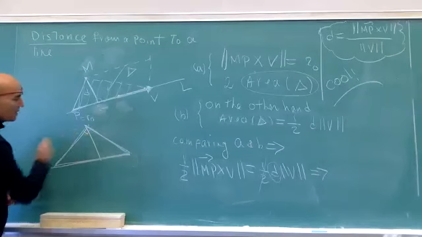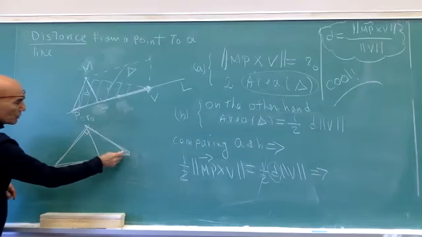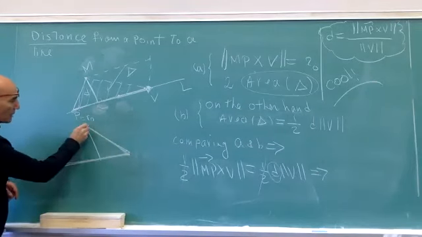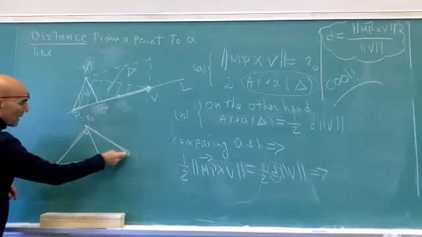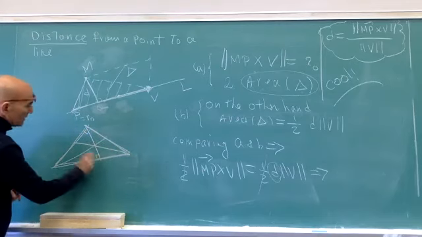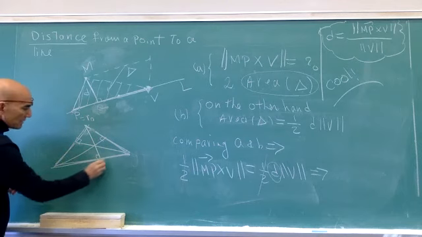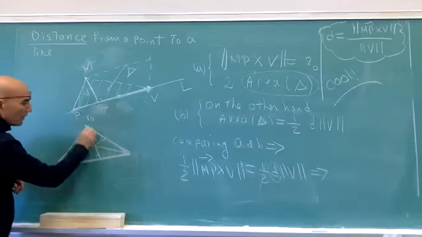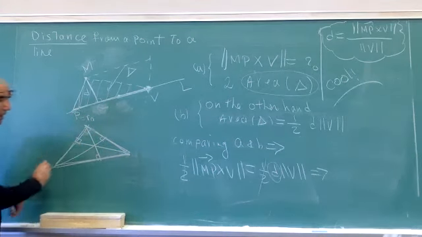I'm assuming this is 90 degrees, and it's also equal to this multiplied by that. Well, in this case, it's the same. But if this is not 90 degrees, you see, this multiplied by that is equal to this multiplied by that.